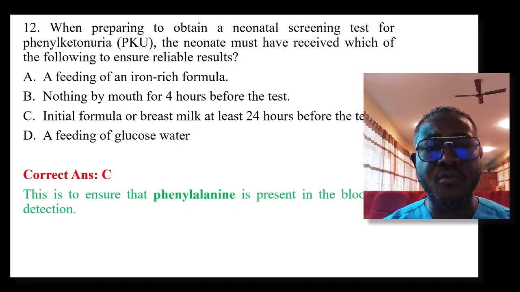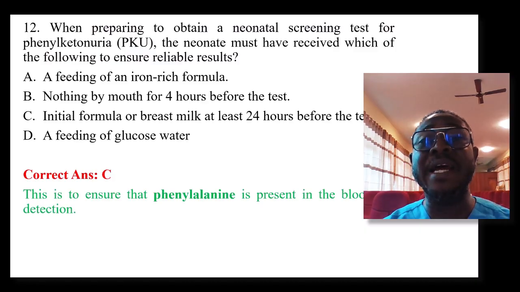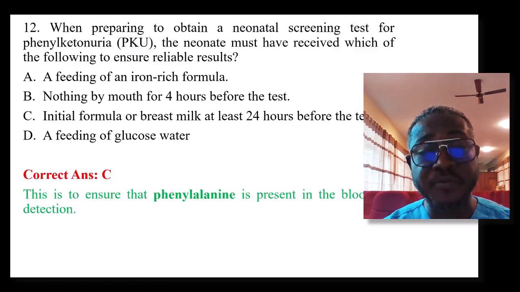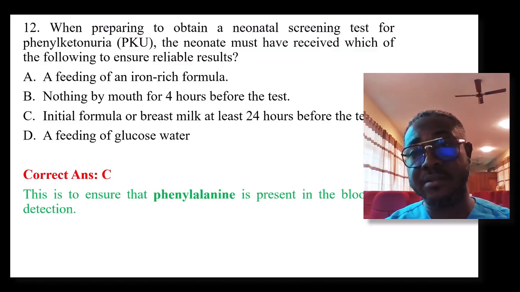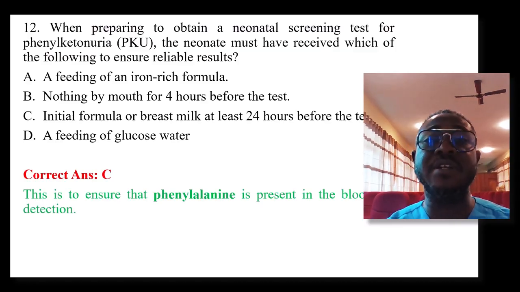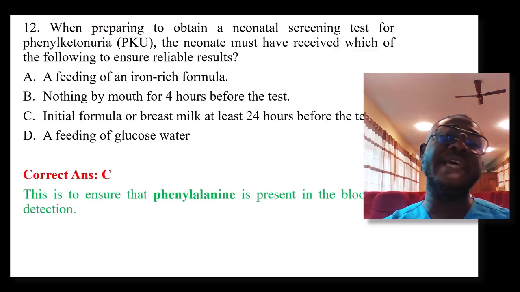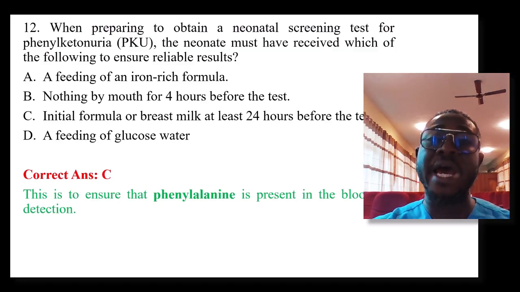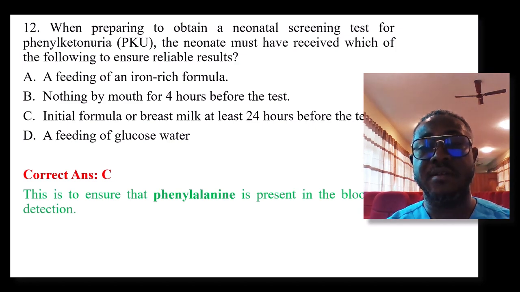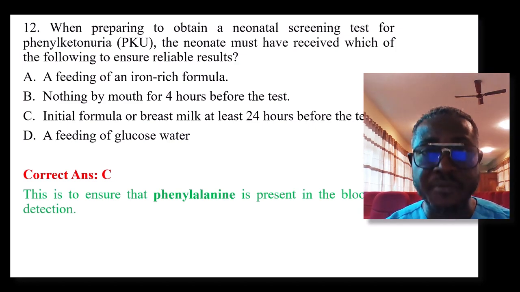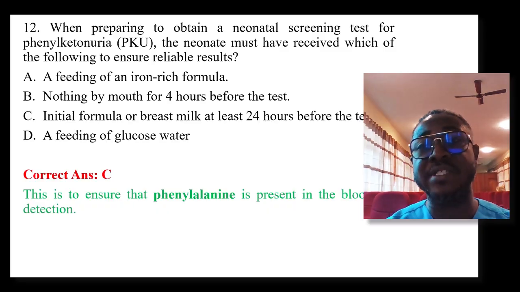For the PKU test, all that we want to see is phenylalanine in the blood. So before you do the heel prick to get the blood sample, you must introduce phenylalanine food into the baby, so that if it stays without being converted into tyrosine after 24 hours, then we can confirm that there is absence of phenylalanine hydroxylase.